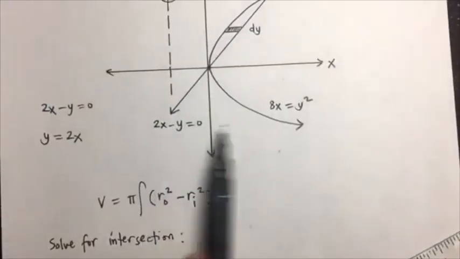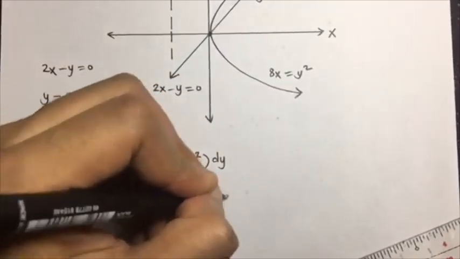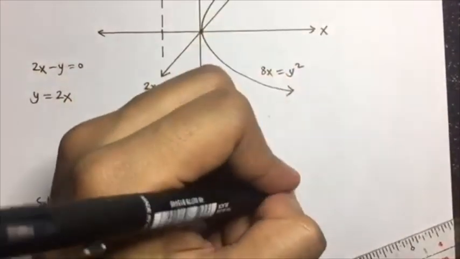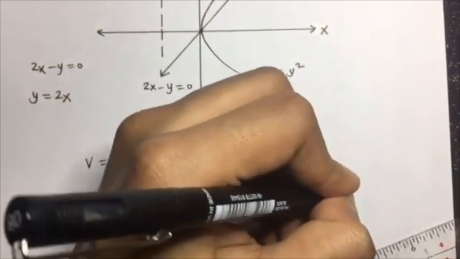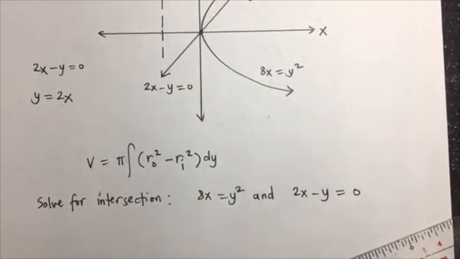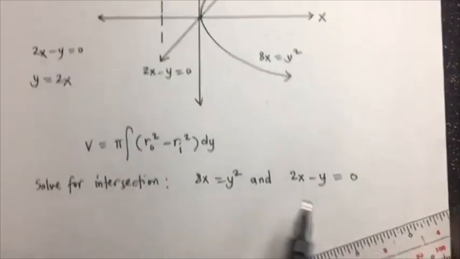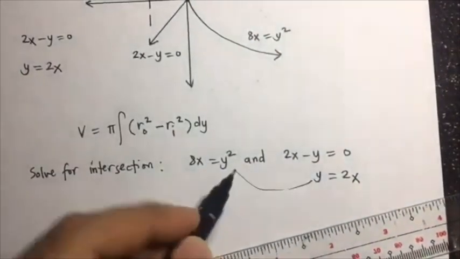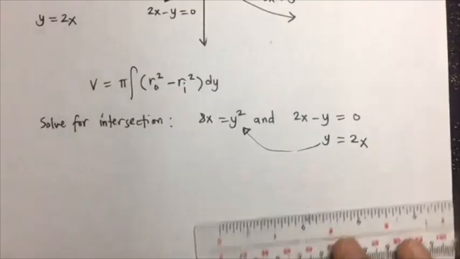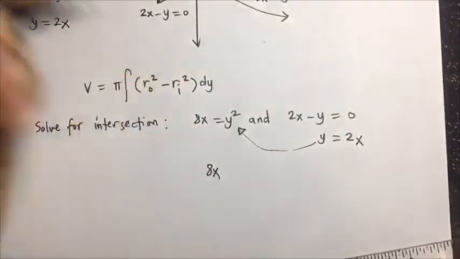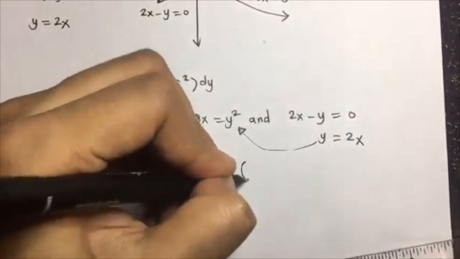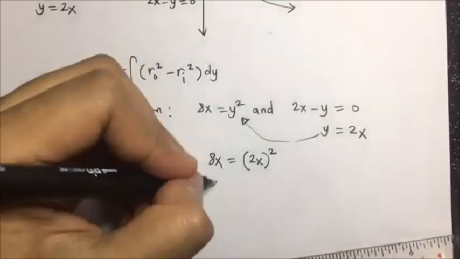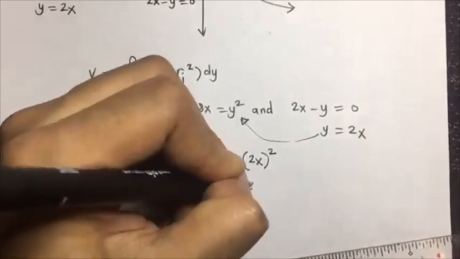So we have 8x is equal to y squared and 2x minus y is equal to 0. From here we can say that y is equal to 2x, then substituting that y here, we will have 8x is equal to (2x) squared. Therefore 8x is equal to 4x squared.